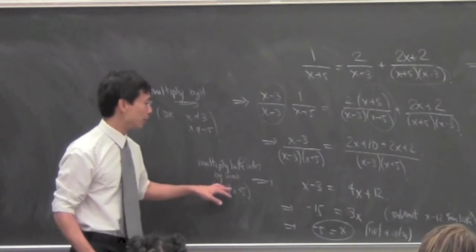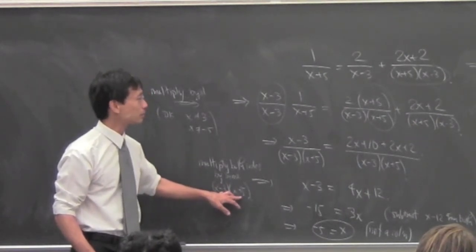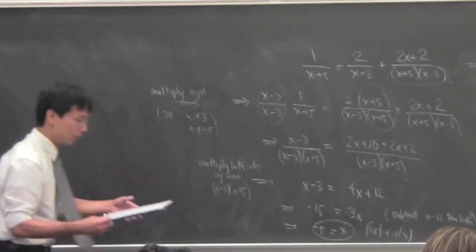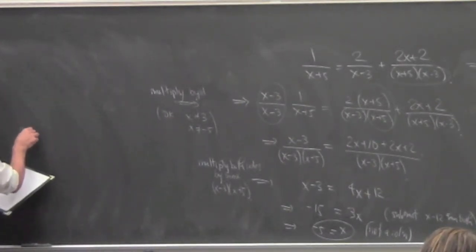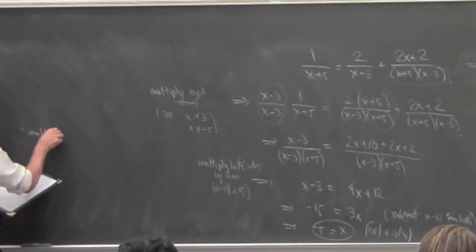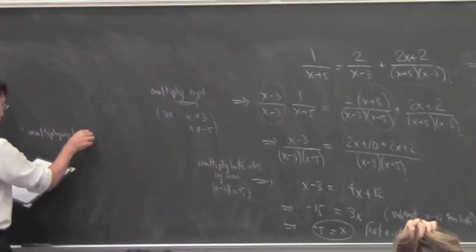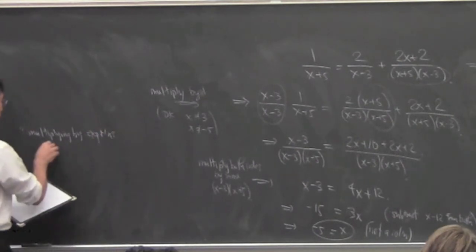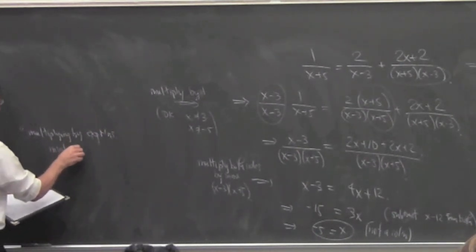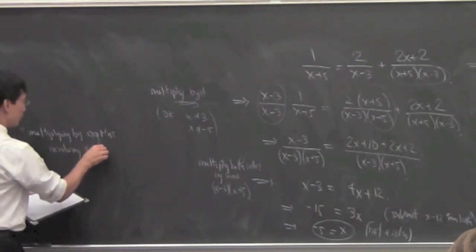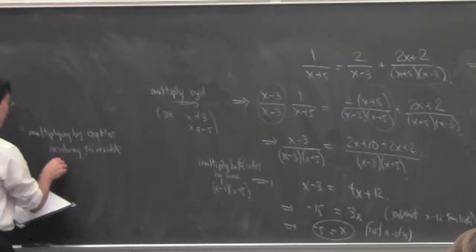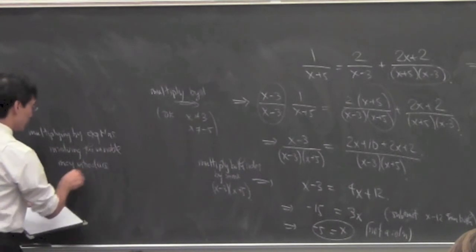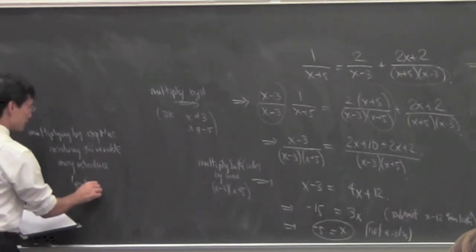Okay, and there's sort of two ways you can think about this. First, the book makes this statement: multiplying by expressions involving the variable may introduce what they call extraneous solutions.